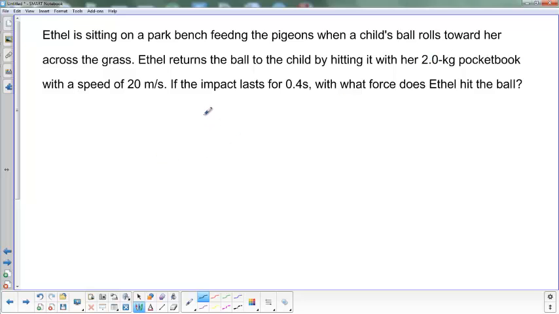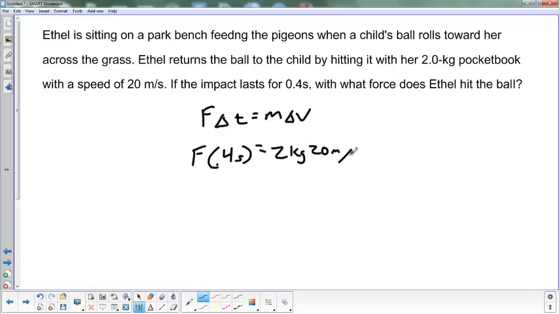So we're going to go with F delta t equals m delta v. We're solving for the force. We know the time was 0.4 seconds, which equals the mass, 2 kilograms, times the change in velocity, 20 meters per second.